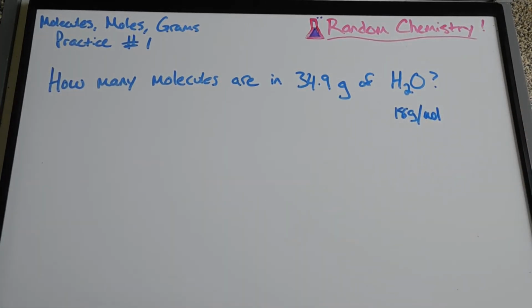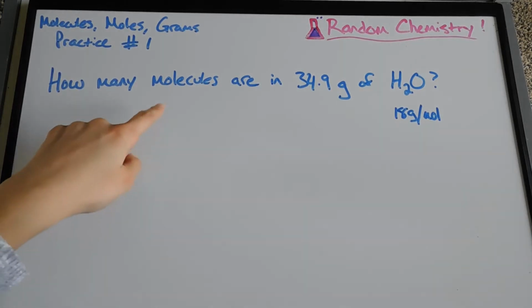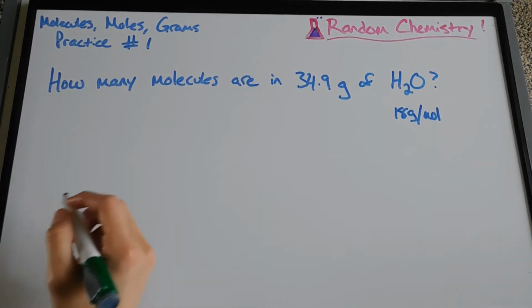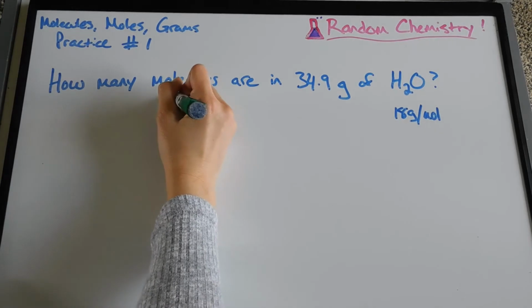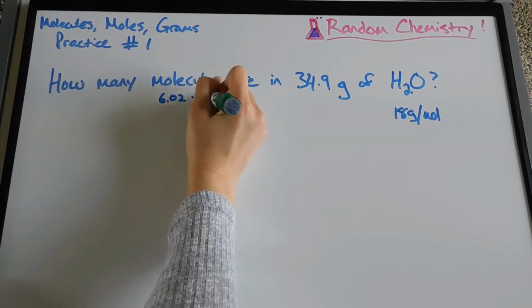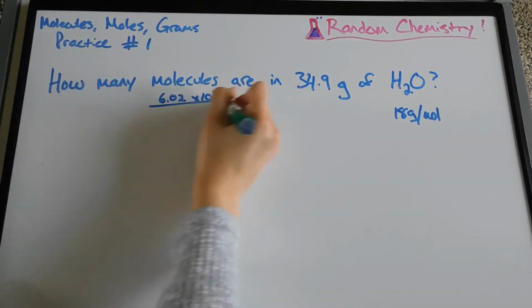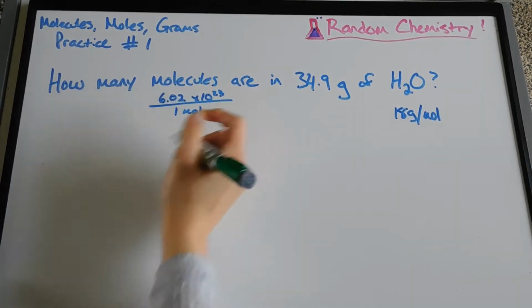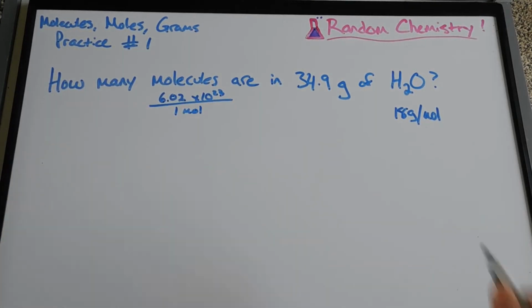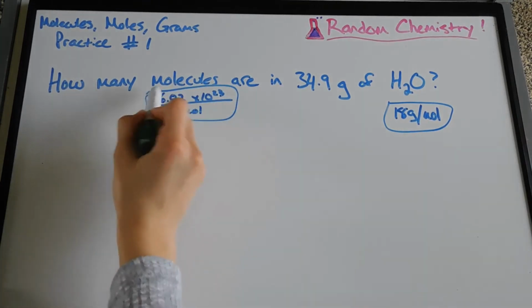And then we also have to be familiar with Avogadro's number. So molecules, it's 6.02 times 10 to the 23rd per 1 mole. So these are our two conversion factors that we're going to use in our dimensional analysis equation.